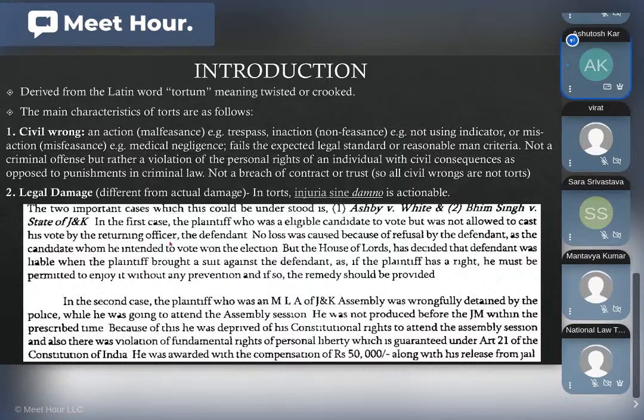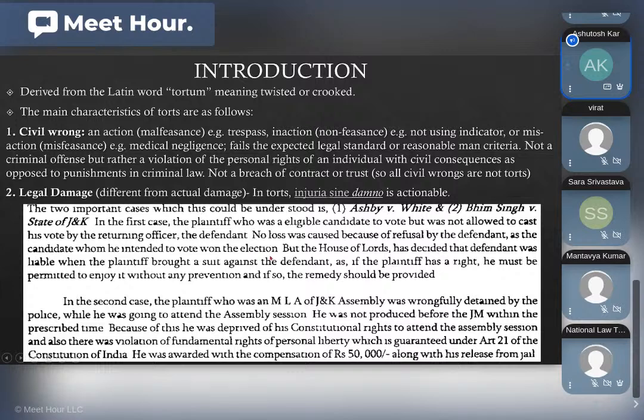So basically here the case is being filed by someone who is a rightful voter, who has the legal right to vote, but the defendant against whom the case has been filed is the returning officer who has not permitted this action to take place. So here no loss was caused because of refusal by the defendant, as the candidate whom the plaintiff intended to vote for won the election.